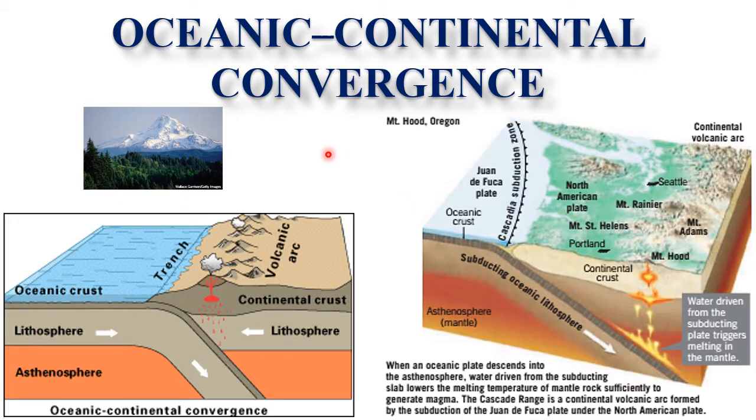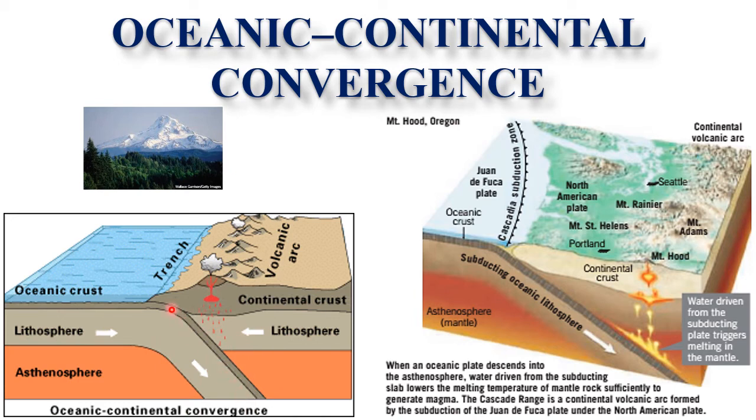So now let's study the first type of convergence, that is oceanic-continental convergence. When the leading edge of a plate capped with continental crust converges with a slab of oceanic lithosphere, the buoyant continental rock remains floating while the denser oceanic slab sinks into the mantle.